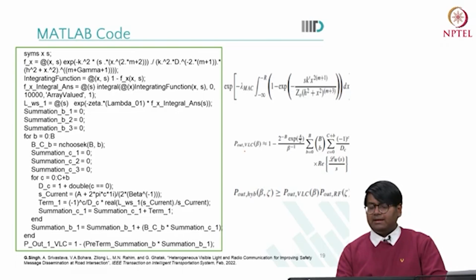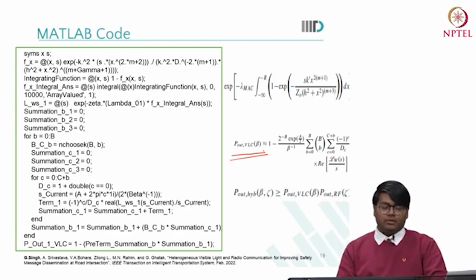This is an analytical expression for the outage probability associated with the vehicular VLC. The details of this equation can be found in this reference. The interested learners can refer to it.